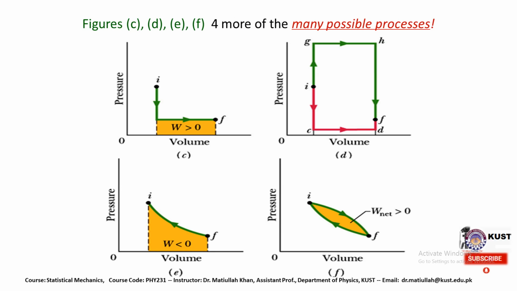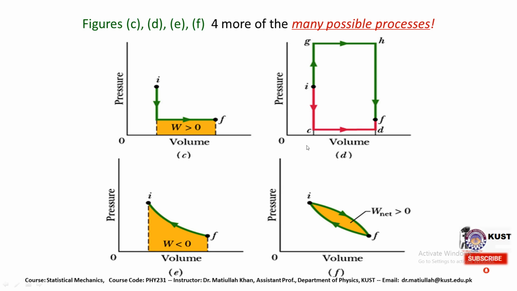Let's consider the first process, bringing the system from the initial to the final position through this path. In this case the area under the curve is here, shown in yellow, and the work done W is greater than 0.